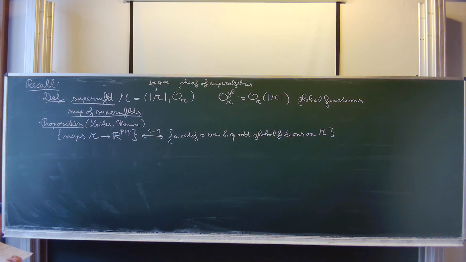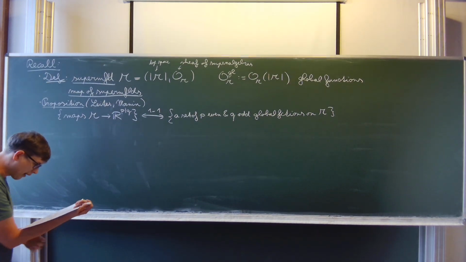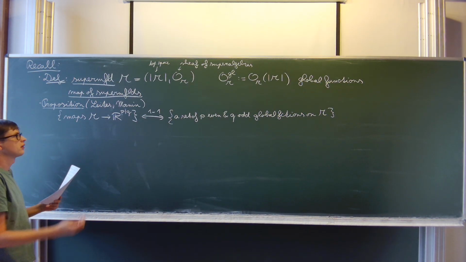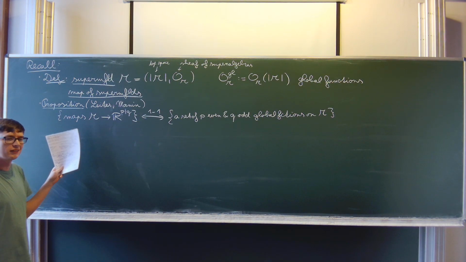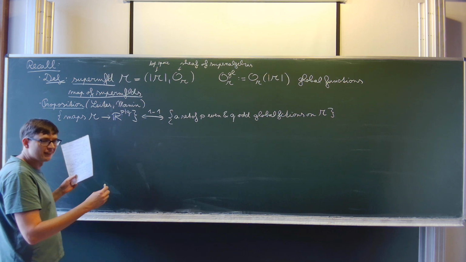So just as in ordinary geometry, you can describe a map by specifying how the coordinates here depend on M. And I will add a third thing, which I didn't mention before. This probably should go in the original statement of the proposition.